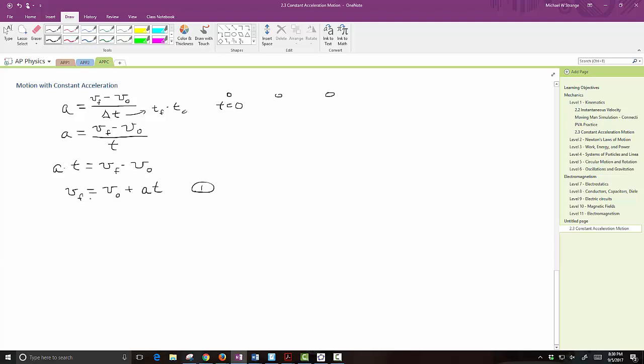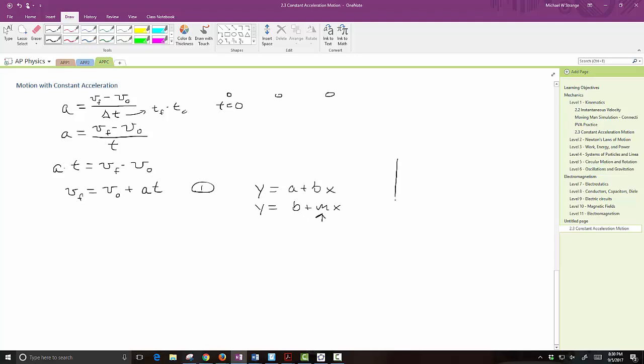The final velocity is equal to the initial velocity plus the acceleration times time. And this is nice because you should recognize this. This is in the form of y equals a plus bx, or if we use the United States convention, it'd be b plus mx. So we can see that the m is my acceleration.